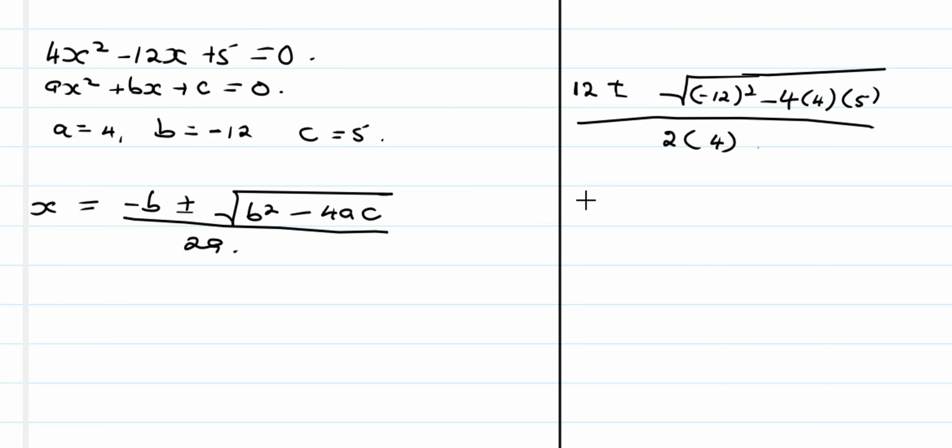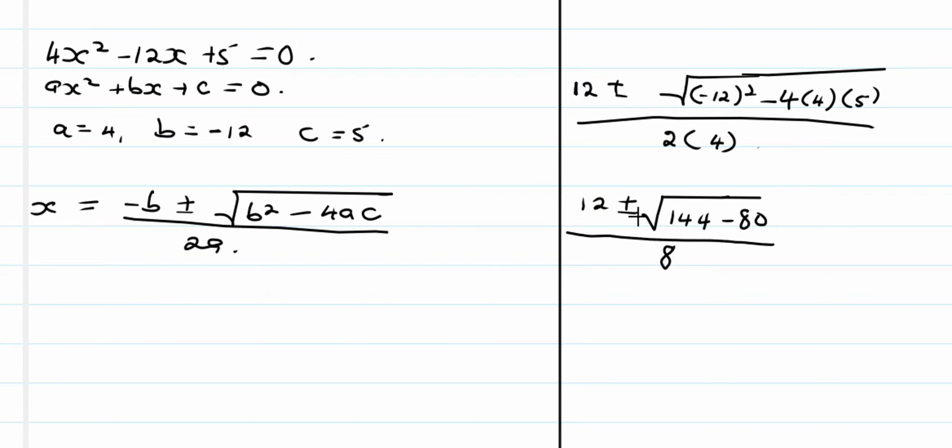So from there, I can say it is 12 plus or minus the square root of negative 12 squared, which is 144, then minus 4 by 4 is 16, then 16 by 5 is 80, then divided by 2 by 4, which is 8.